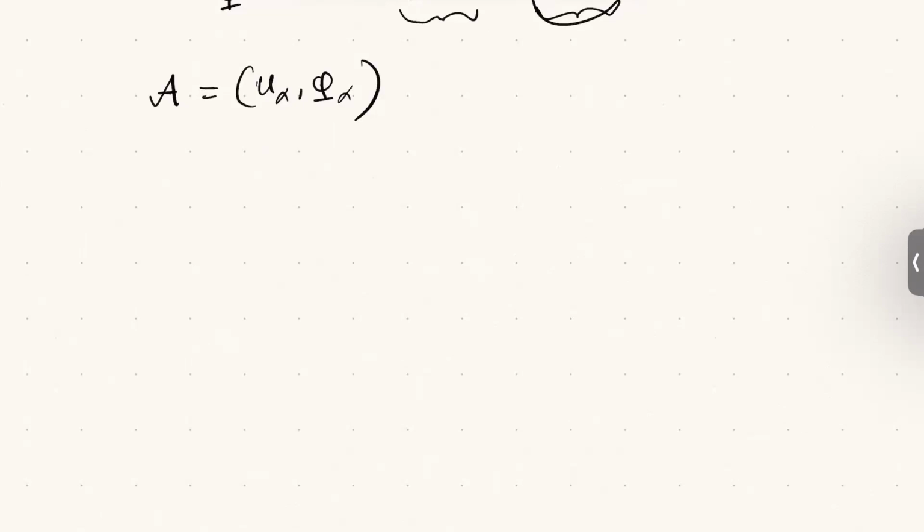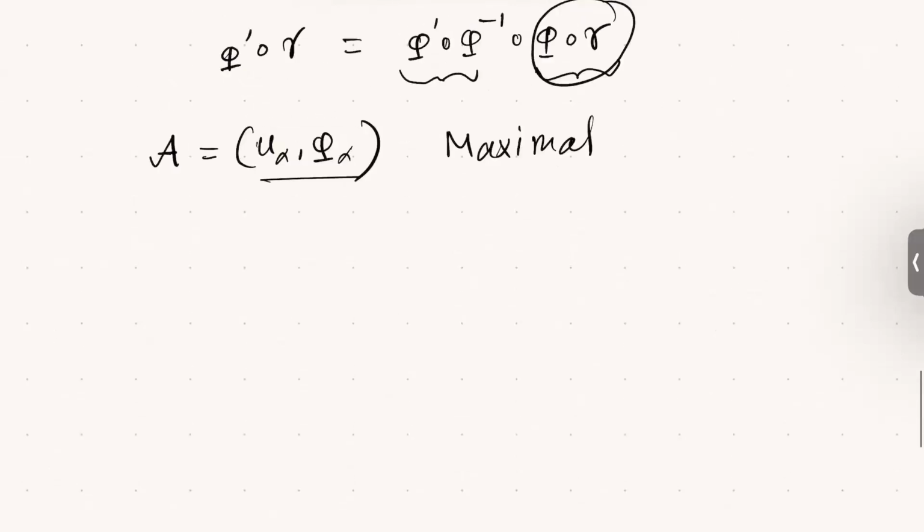What do I need to do to consider only the differentiable maps? I just choose which maps are differentiable from this atlas. Since it is maximal, all the coordinate charts are here, right? So I need to choose which maps are differentiable from these continuous maps.